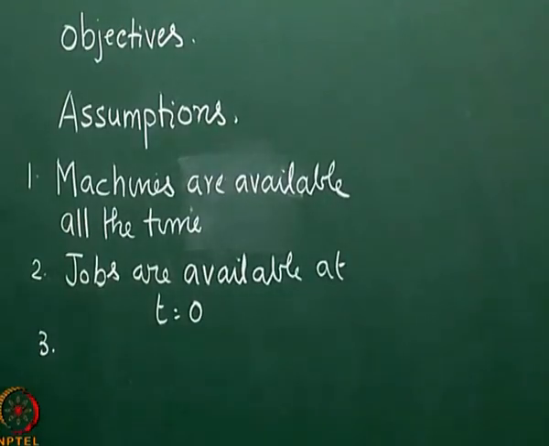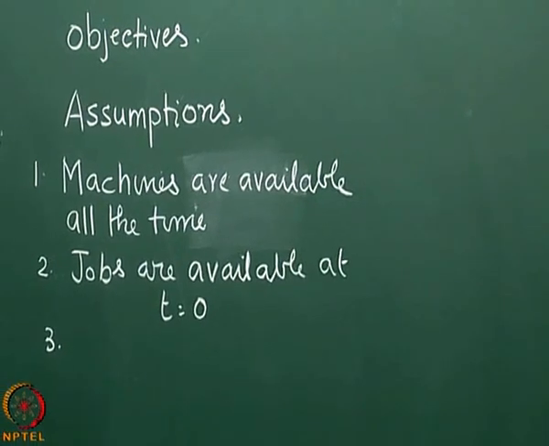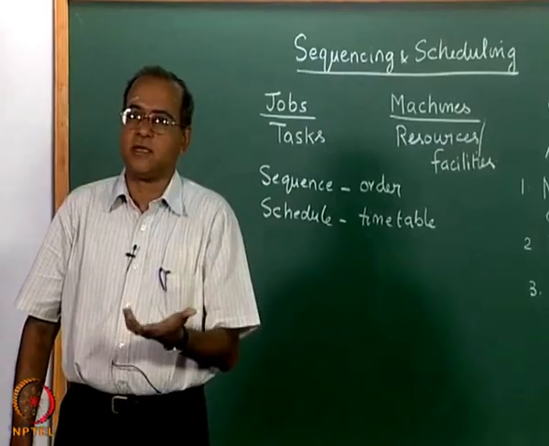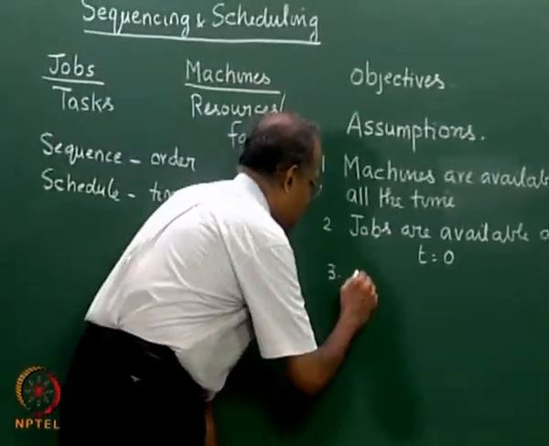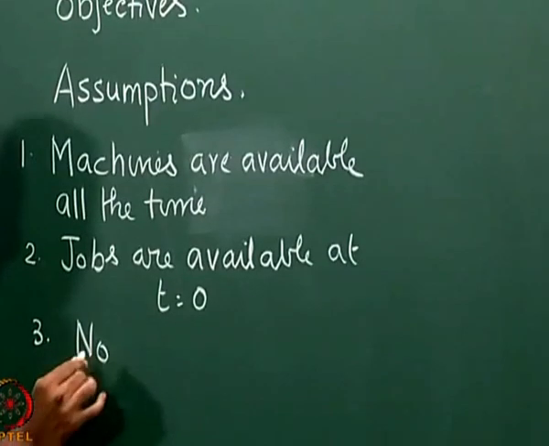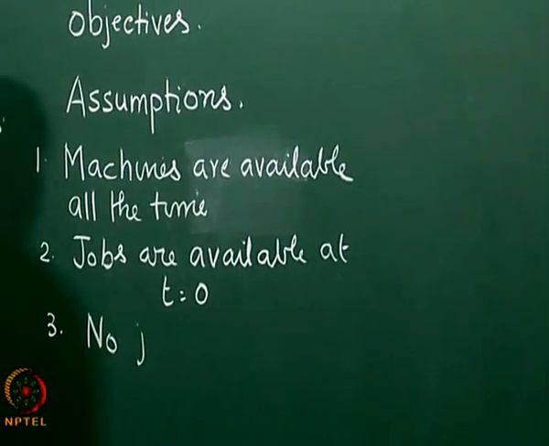Once a job is started on a machine, we are going to assume that the job will be completed and only then will another job be taken up for processing on that machine. We could call that no job splitting, the first assumption.